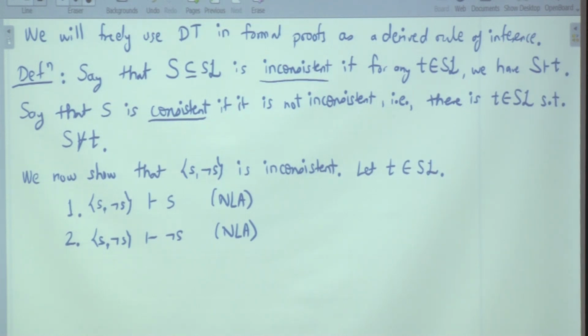Do you mean conjunction? But conjunction is not part of our set of connectives right now. What are we using? Negation and implication. So from these two you obviously cannot apply any MP. You have to add something more. What should you add? S implies negation S implies L1. S implies negation S implies S. And then you will end up proving S by using MP twice. Not really helpful. You have to introduce something.